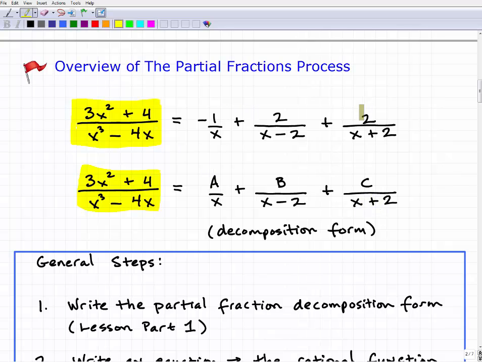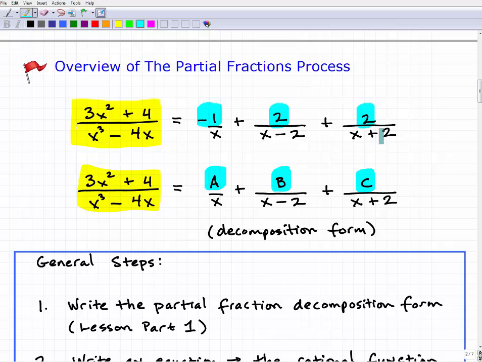We don't know what these values are. Here, A is -1, B is 2, and C is 2. So our objective in lesson part 2 is to determine what these numerator variable values are. That is the key, because once you have those, we're going to replace the A, B, and C in this particular problem with -1, 2, and 2, and then we have our answer.